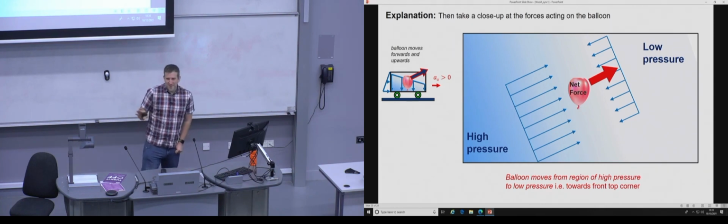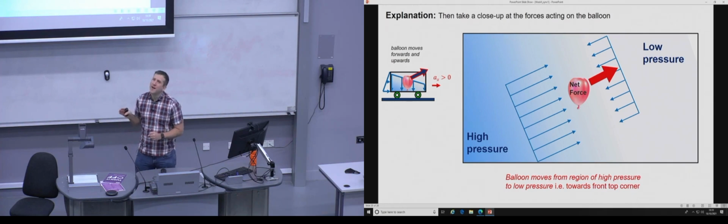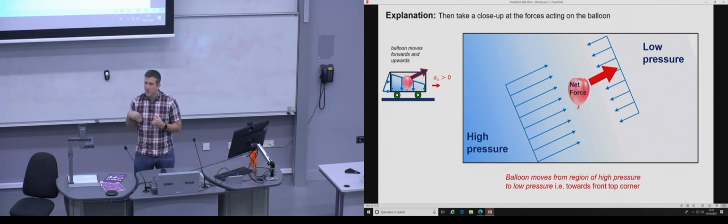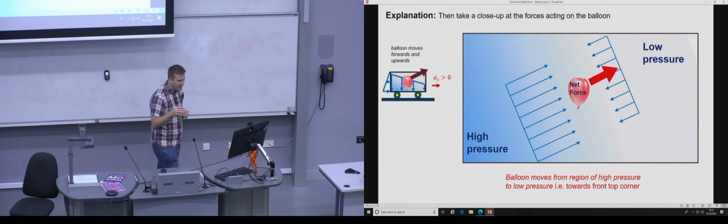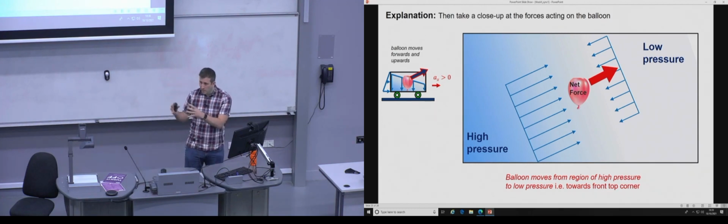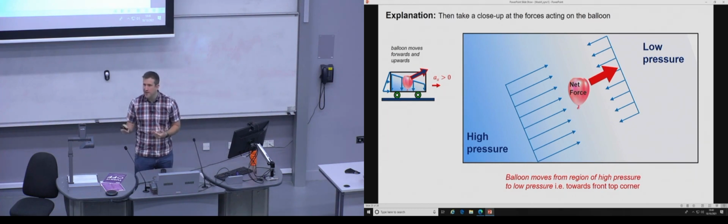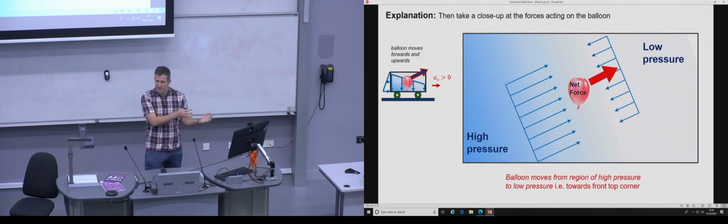Yeah, we won't get into that, but effectively, the atmosphere is always playing a game of moving into voids of low and high pressure. So where there is a region of low pressure, it pulls a system into it, right? So it's a bit more complicated because you have changing densities and temperatures, and you have a vertical effect as well. But the principle is exactly the same. High pressure to low pressure.